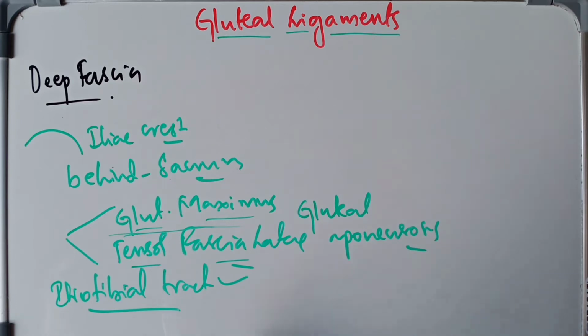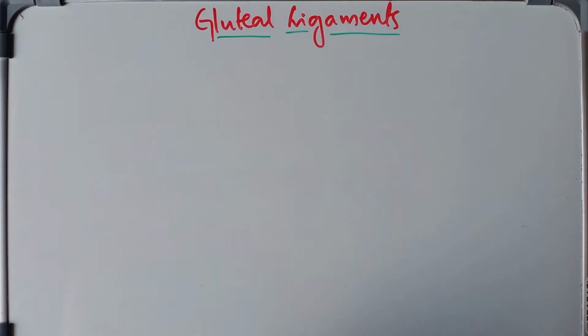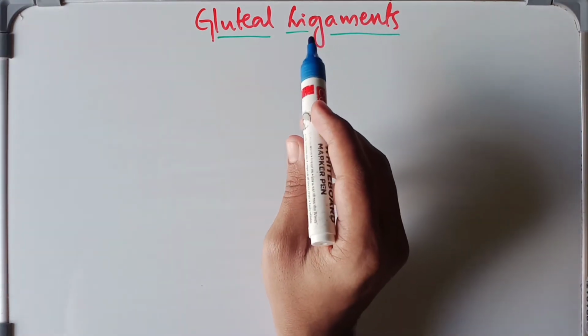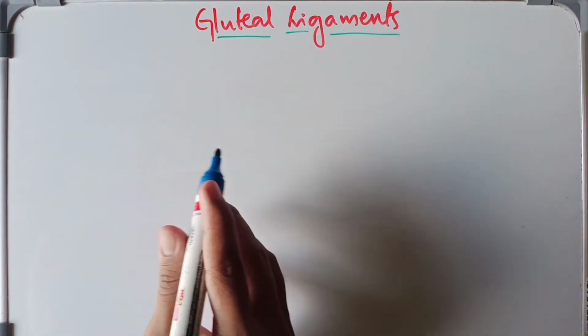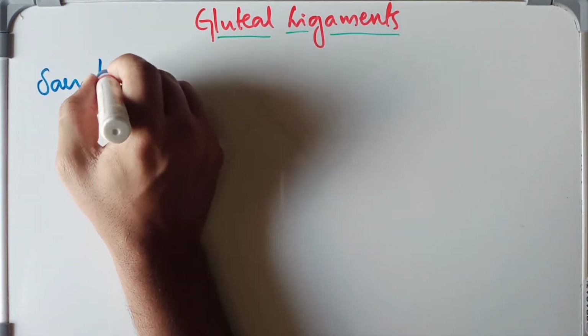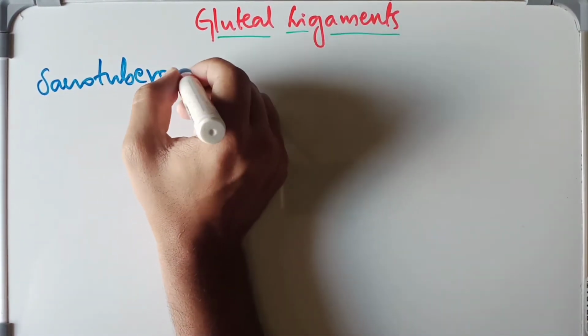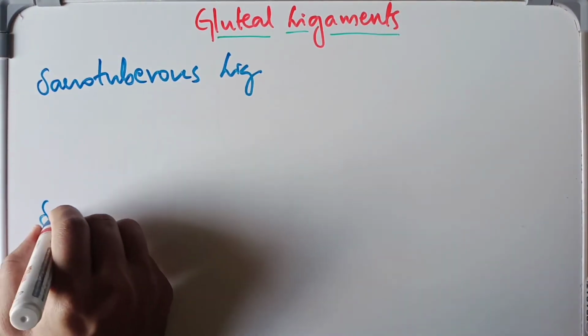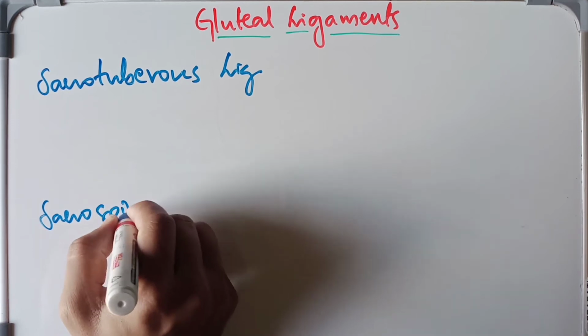Now we will discuss the gluteal ligaments. The concept of gluteal ligaments is very important for UG students, to study the two important gluteal ligaments, which are the sacrotuberous ligament, as well as one more ligament, known as the sacrospinous ligament.